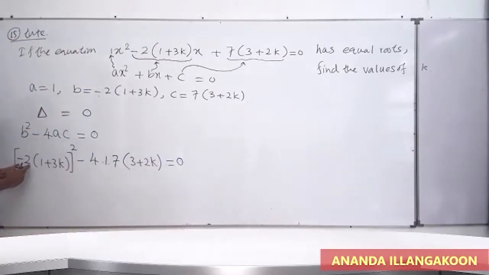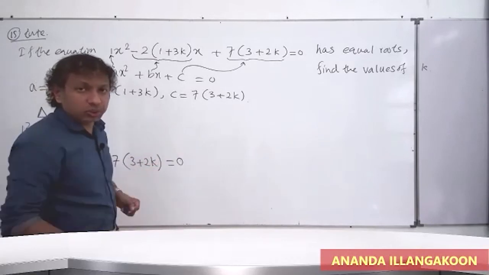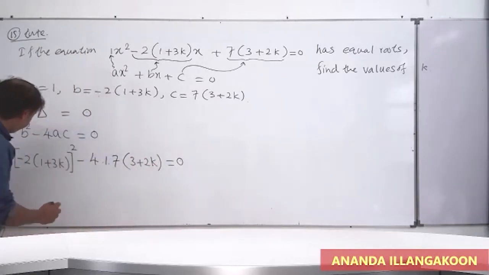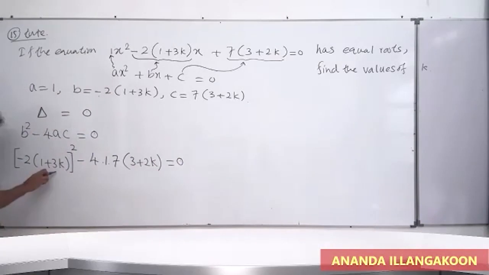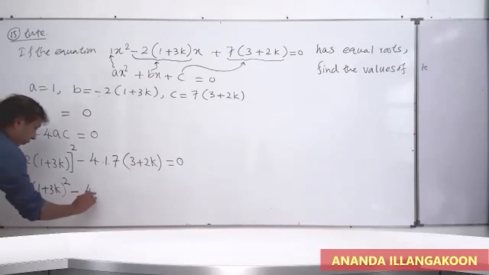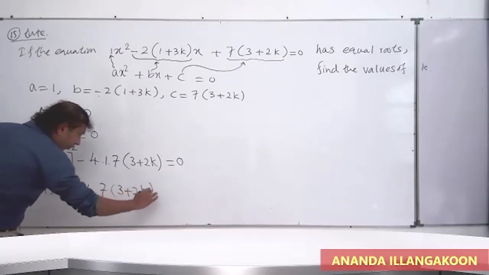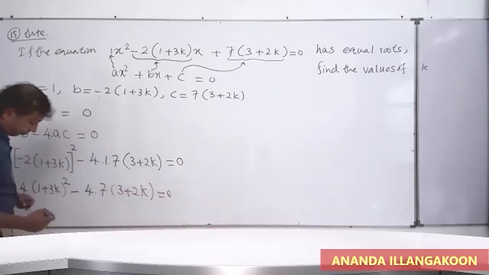We have to square minus 2. What is minus 2 squared? Minus 2 into minus 2 is plus 4, and the square of 1 plus 3k. Here, 4 into 7 into 3 plus 2k equals 0.